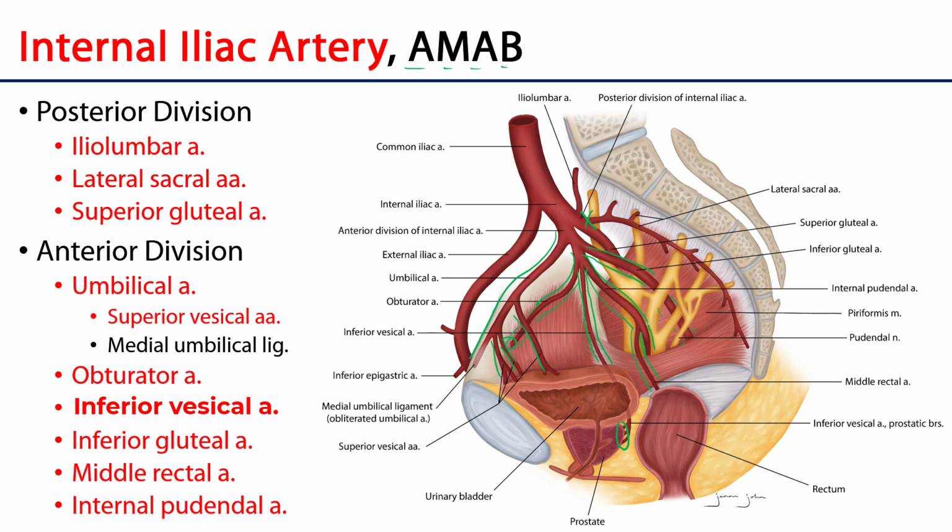So not terribly different from the other pattern that we saw. We're just lacking uterine and vaginal branches because there isn't a uterus or a vagina to serve with blood.